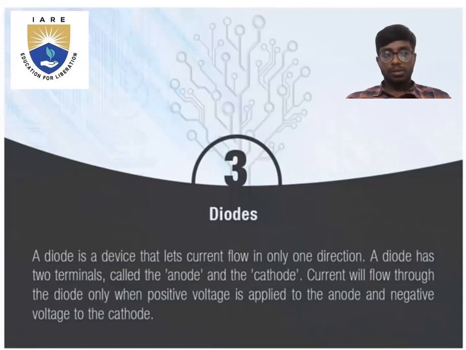A diode has two terminals called the anode and the cathode. Current will flow through the diode only when positive voltage is applied to the anode and negative voltage to the cathode.